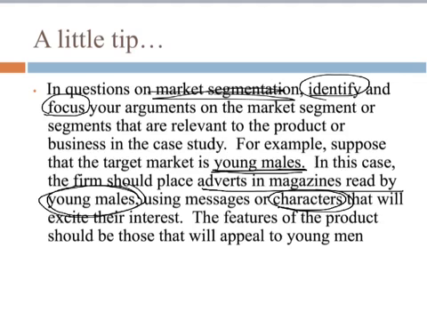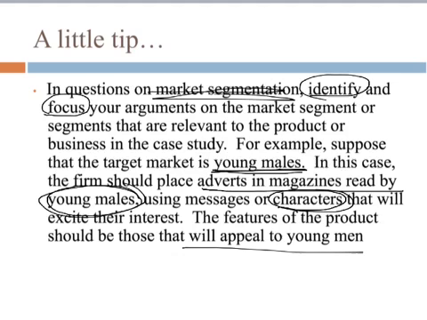So using pictures, the really famous example that's been around recently is using David Beckham to get products that businesses who are targeting younger males who they want to use. So Gillette, for instance, they were trying to reduce the age of their target audience, so they started using David Beckham because they knew that younger men would be interested in him saying that these products were effective. The features of the product should be those that will most appeal to young men.